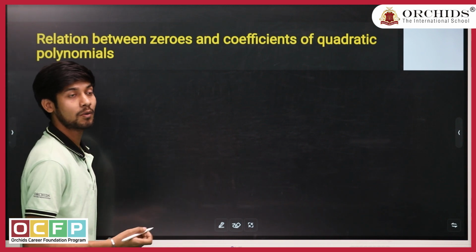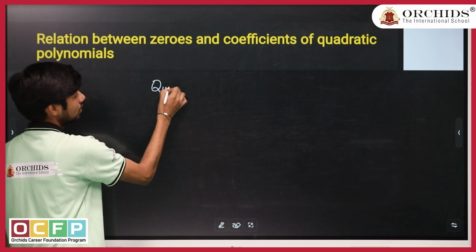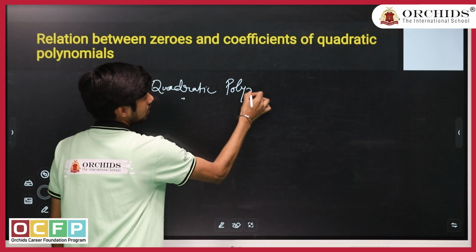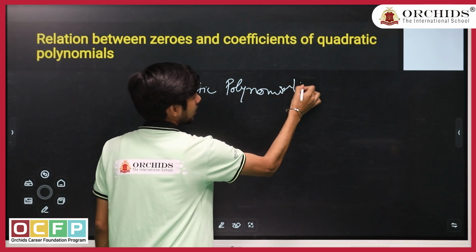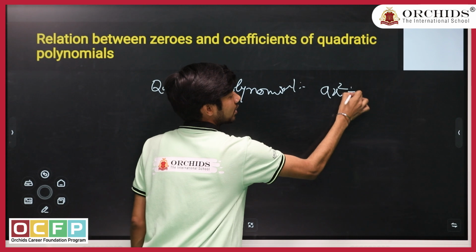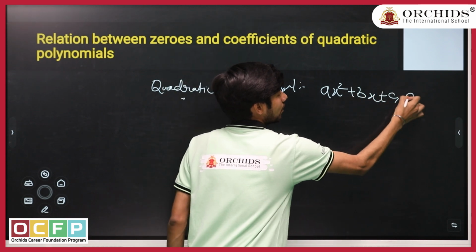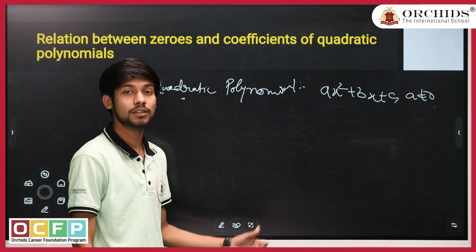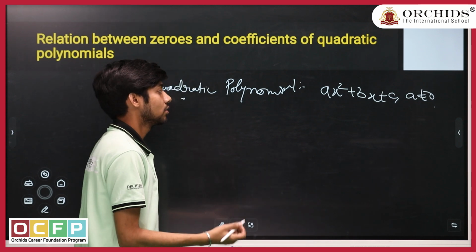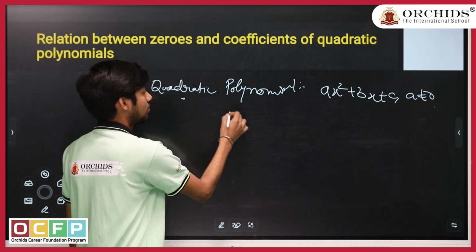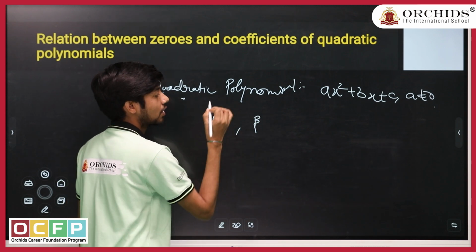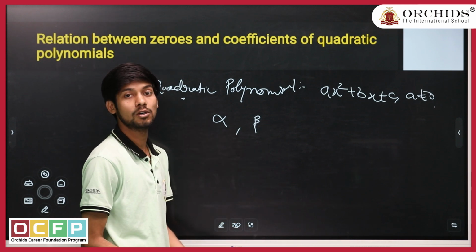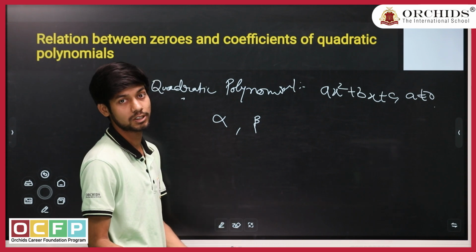We know that the standard form of a quadratic polynomial is ax square plus bx plus c, where a should not be equal to 0. And if it is a quadratic polynomial, it means there will be two zeros. So if we assume that the first zero is alpha and the second zero is beta, then we know some relation of the sum of zeros with the coefficients of the polynomial and the product of zeros with the coefficients of the polynomial.